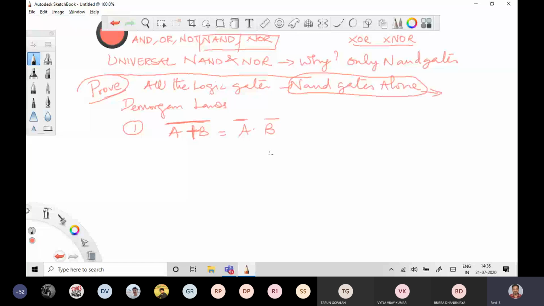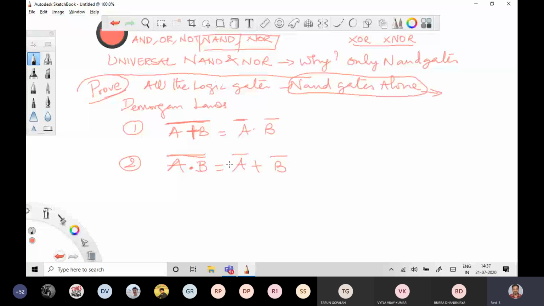If we take the multiplicative rule, A dot B the whole bar is equal to A bar plus B bar. This rule says that the complement of the product of two or more variables is equal to the sum of the complements of the individual variables.